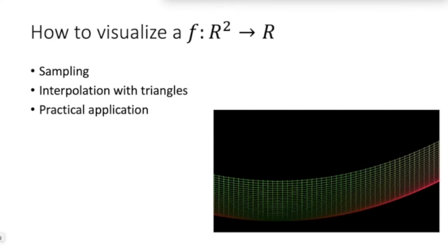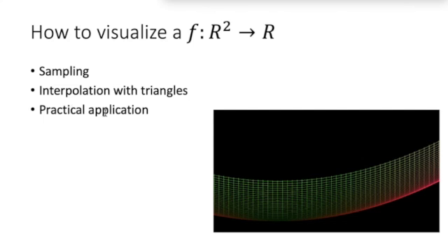So I have shown three examples to minimize a function from two dimensions to one dimension. I have visualized the part of the function which contains the minimum. I use a sampling technique, sample the function, and then interpolate it with triangles, and then send the triangle data to OpenGL, and OpenGL will render the triangles.